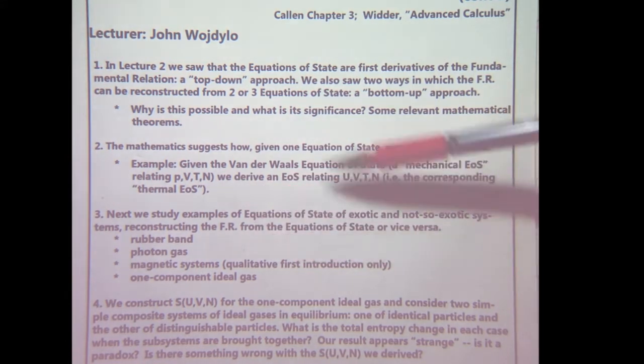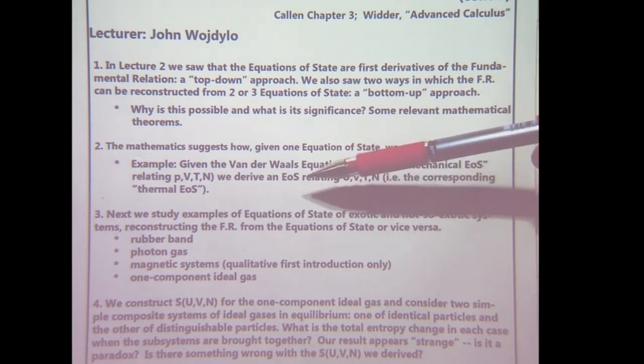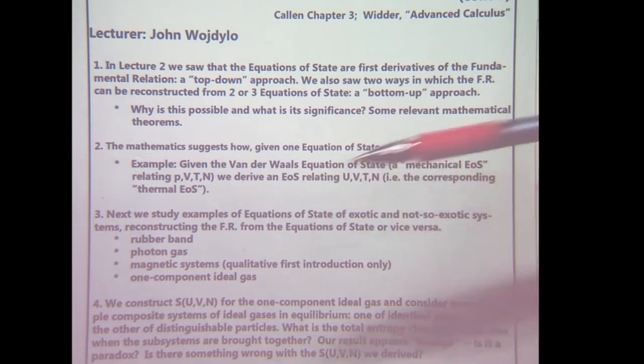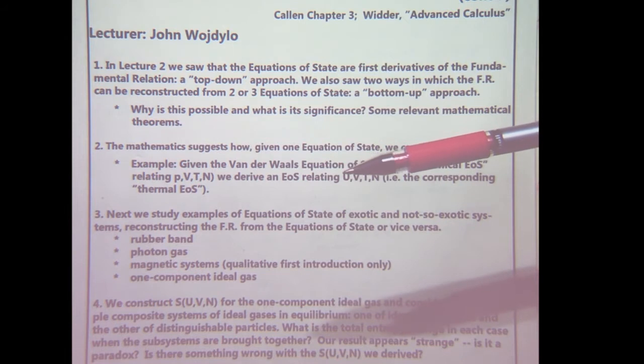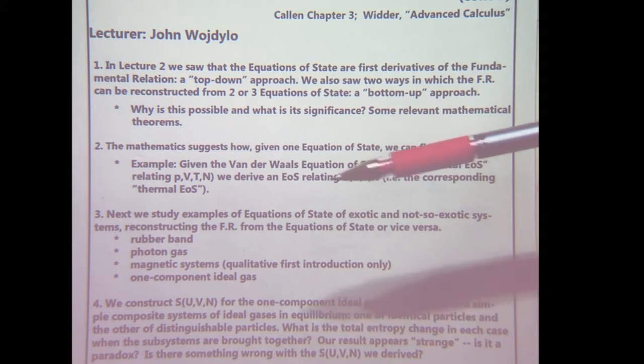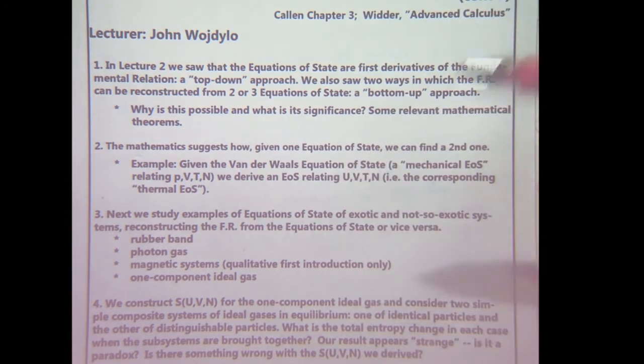Okay. Now, obviously, this kind of thing is very useful in chemistry, physical chemistry, and condensed matter physics, and any condensed matter physics that's applied to high energy physics. Okay.